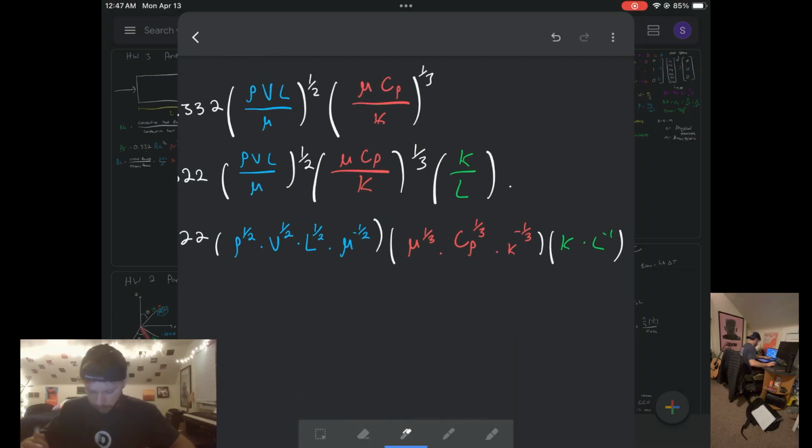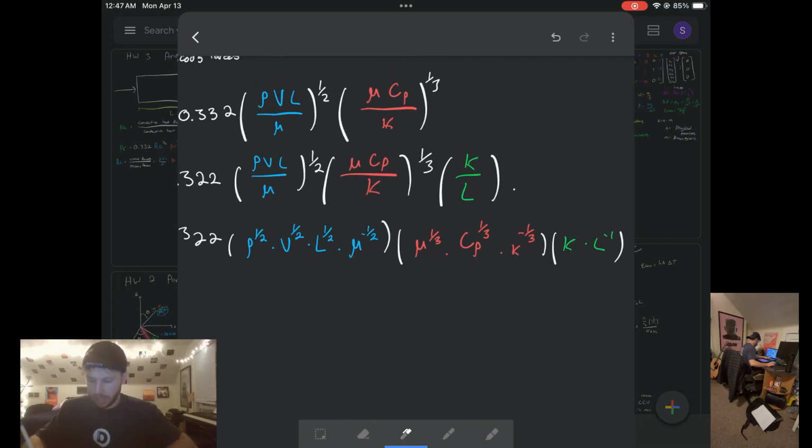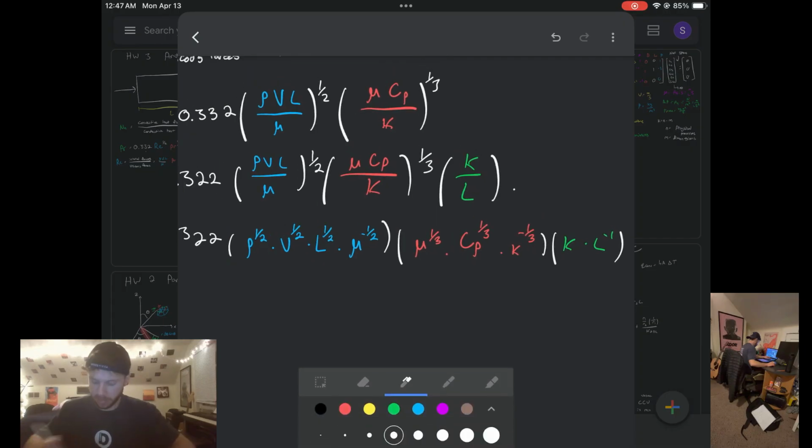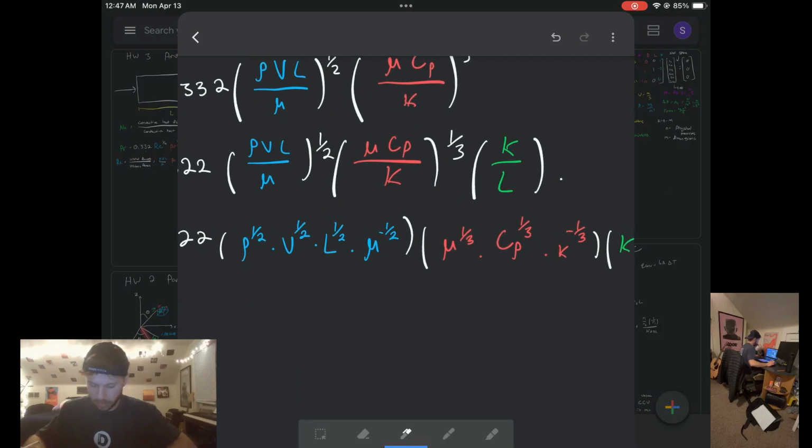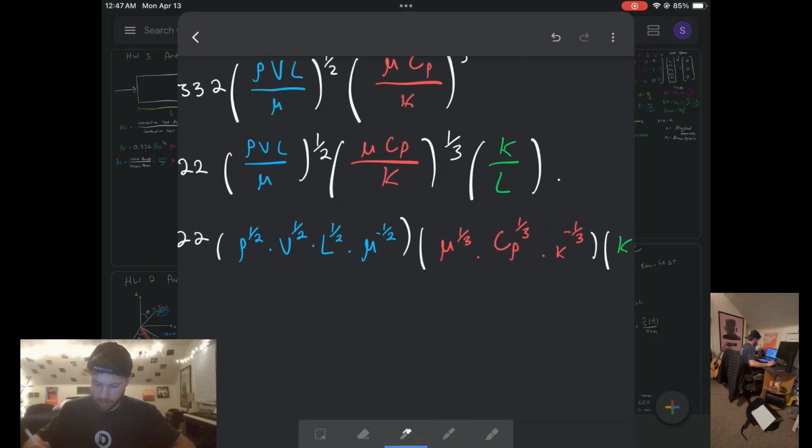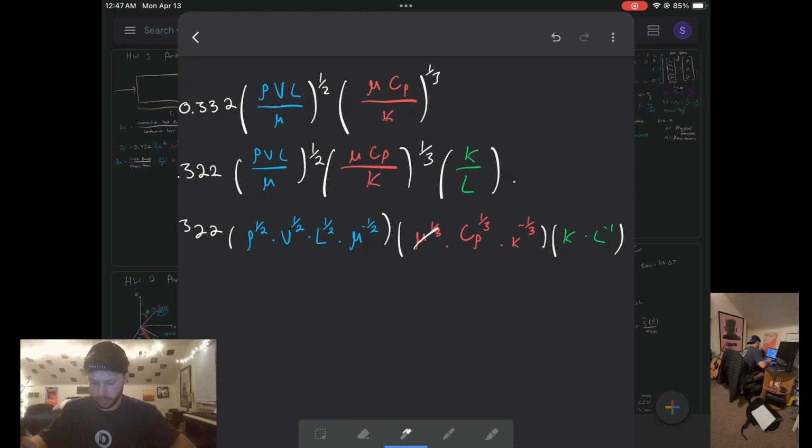So if we simplify these out, we can cancel our viscosity from the Reynolds number, our thermal conductivity from the Reynolds number, and our length from the Reynolds number.